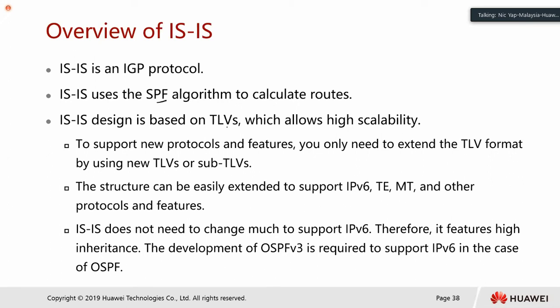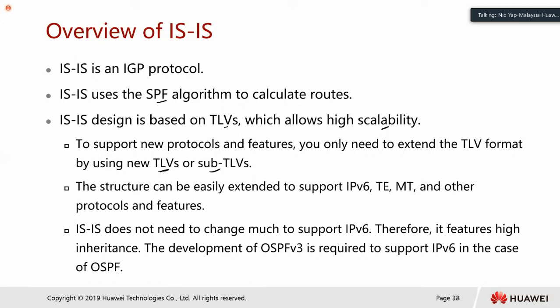It is based on the TLV, which allows high scalability. To support new protocols and features, you only need to extend the TLV value and also the sub-TLV value. So you create a main TLV and also a sub-TLV to support ISIS IPv6. It's that simple.